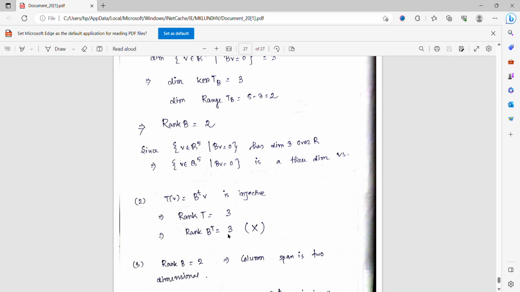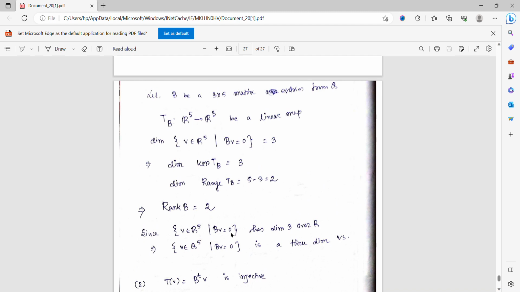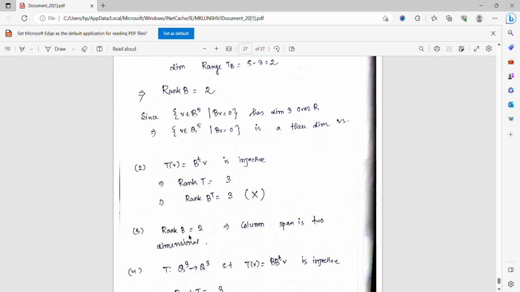So the rank of T is 3. Then the rank of B transpose is basically 3, because this linear map's matrix representation is B transpose. But we already observed the rank of B is 2. Then definitely the rank of B transpose is also 2, but it gives 3, so these are wrong.